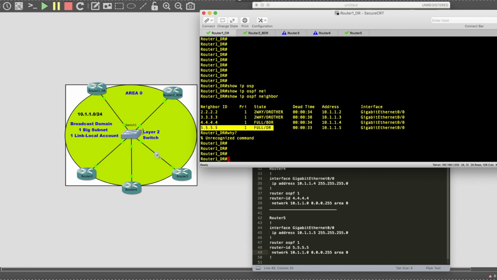So all things kept equal, if the priority of the links are the same, the router with the highest router ID wins the election process. And because router 5 has a router ID or loopback address of 5.5.5.5, it automatically wins the election process and becomes the designated router. And hence, router 4, which has the second highest, becomes the backup designated router. So it's the president and vice president of this broadcast domain.